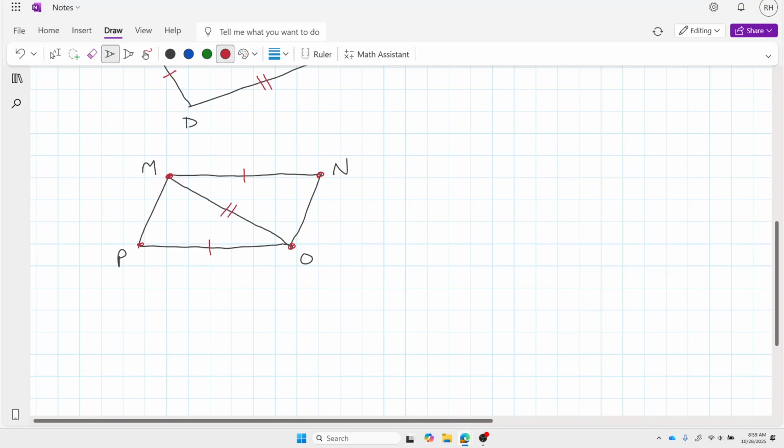But do we have a third side that's congruent? All right, M to P looks like it's congruent to N to O, but if there's no other information given and there's no tick marks on those 2 sides, then you don't know that they're congruent. All right, so in this case, are the triangles congruent? We're just going to say no. More information is needed.